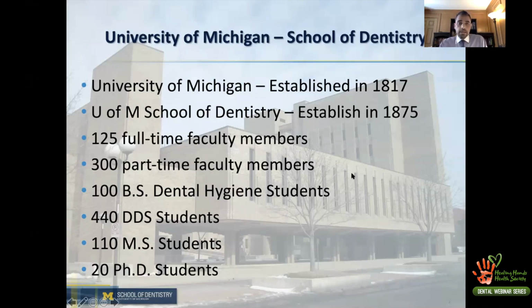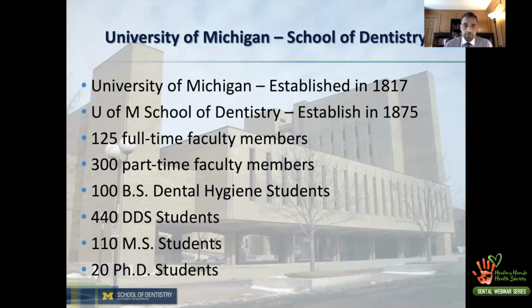1875. We have about 125 full-time faculty members at the dental school, about 300 part-time faculty members. We have 100 students of dental hygiene in a Bachelor of Science dental hygiene program. We have about 440 dental students divided in 4 classes, because our DDS program is 4 years.